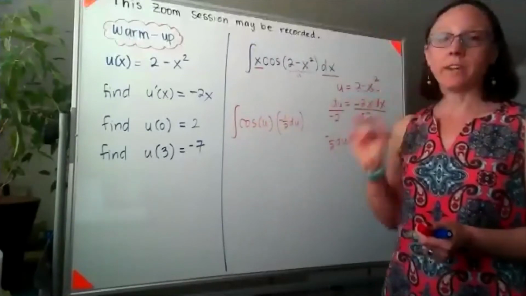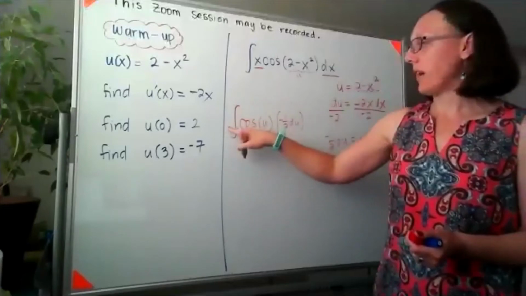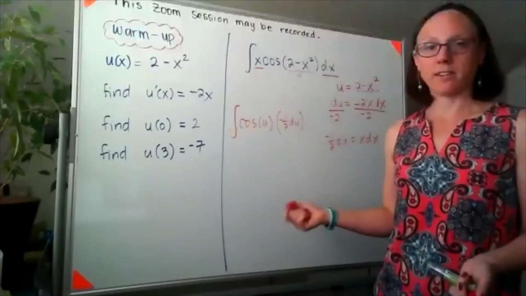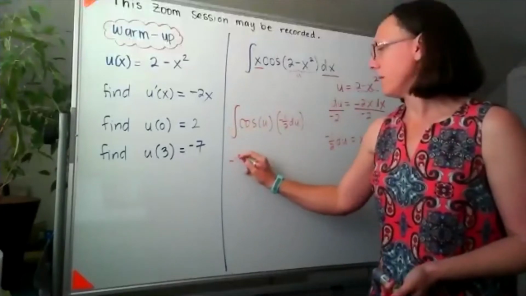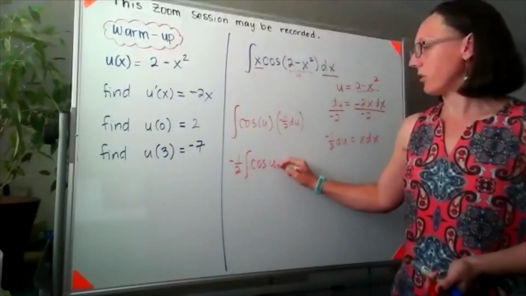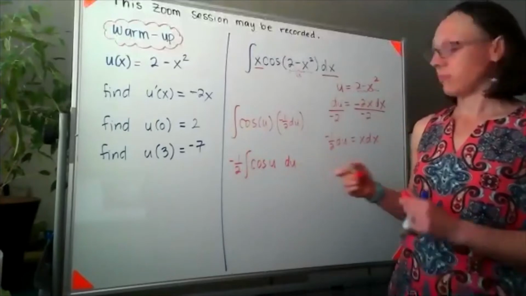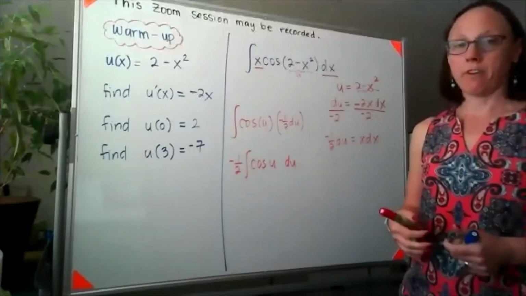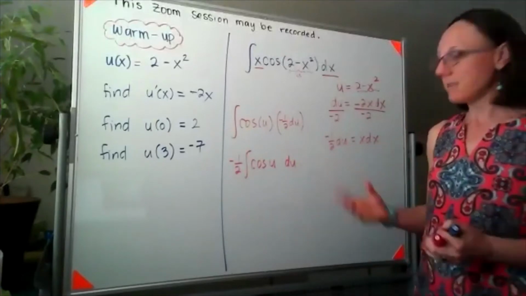And if we want, we can take that constant and pull it out in front, just like we pulled constants out in front of our summations. So I'd have negative 1/2 cosine of u du.